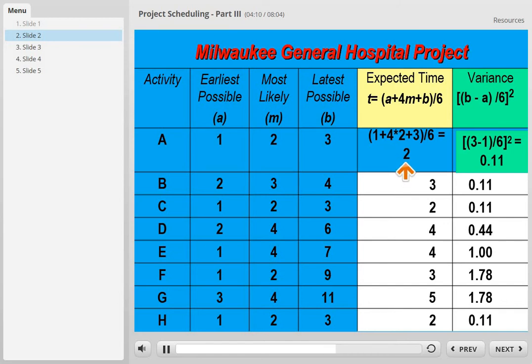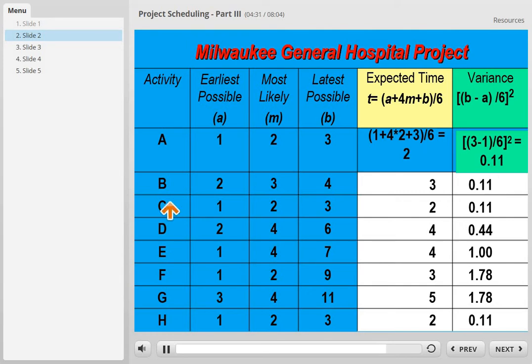So the estimated time for activity A is 2 weeks. The variance equation is here. We plug in B and A. So the variance for activity A is 3 minus 1 divided by 6, take square, is 0.11.